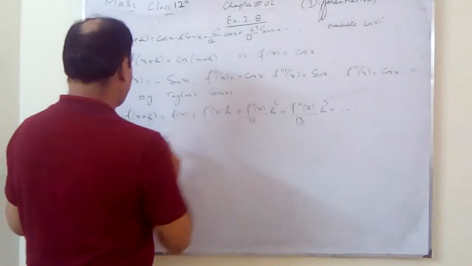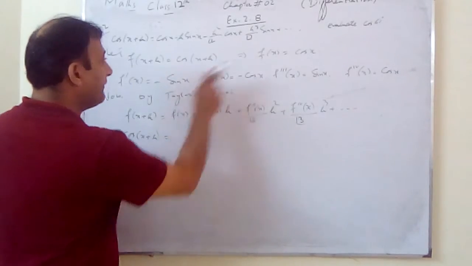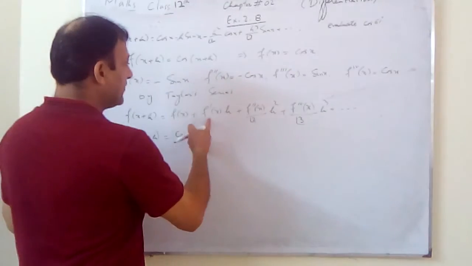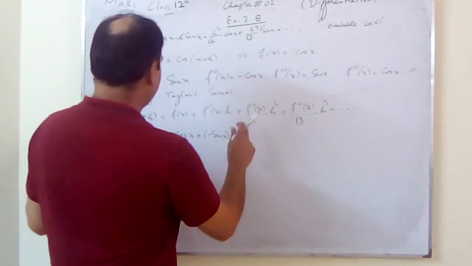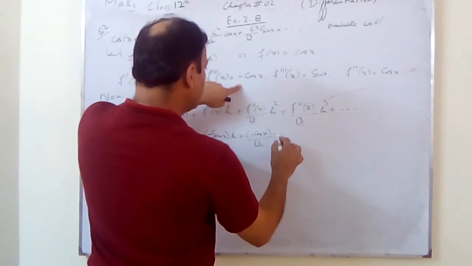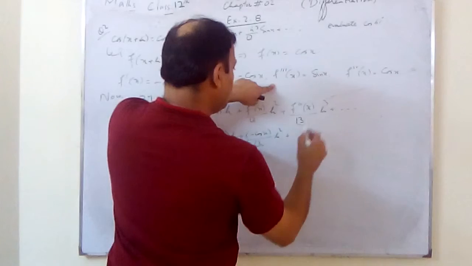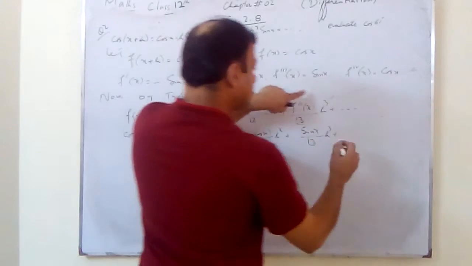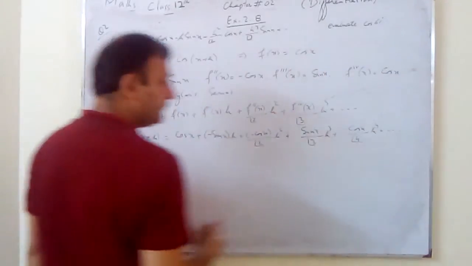So putting the values here, f of x is cos x, plus first derivative minus sin x into h, plus second derivative minus cos x divided by 2 factorial h square, plus third derivative sin x divided by 3 factorial h cube, plus cos x divided by 4 factorial h to the power 4 and so on.